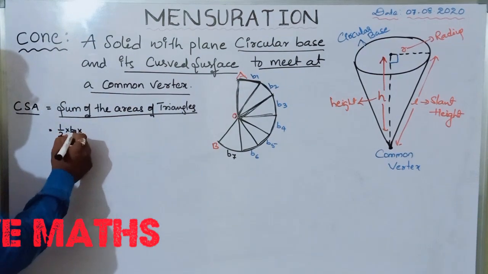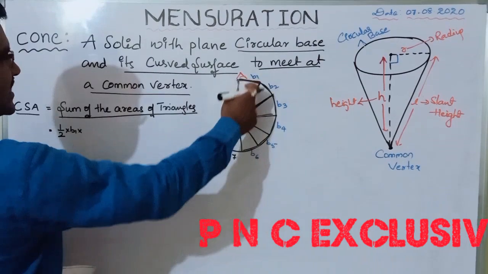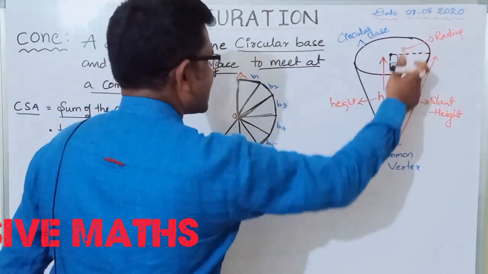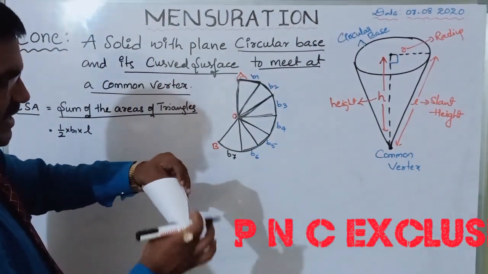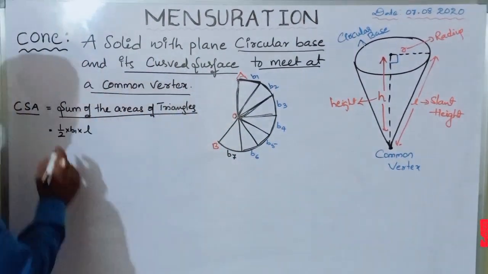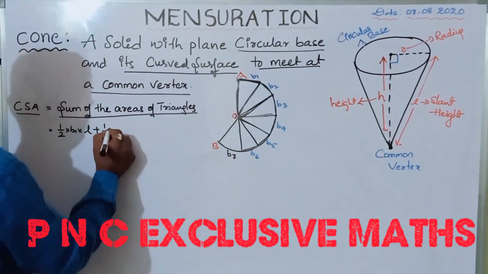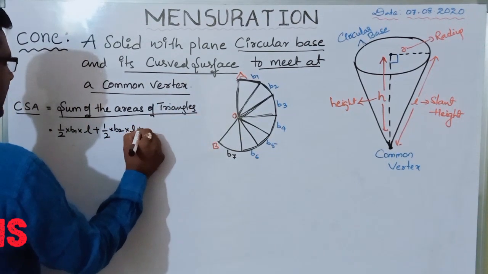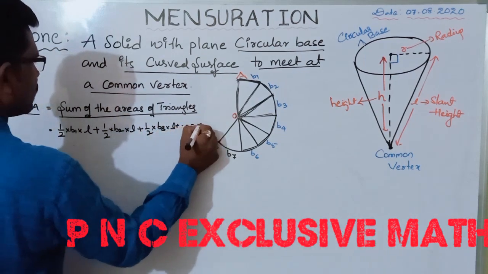Each is half into base into height. Here the height is considered to be the slant height of the cone. So that means half into B1 into L plus half into B2 into L plus half into B3 into L, and so on.